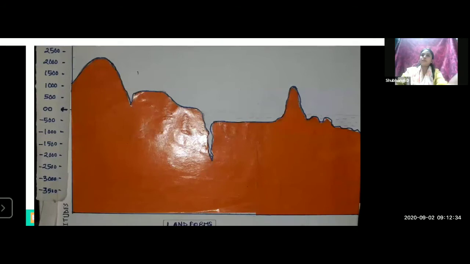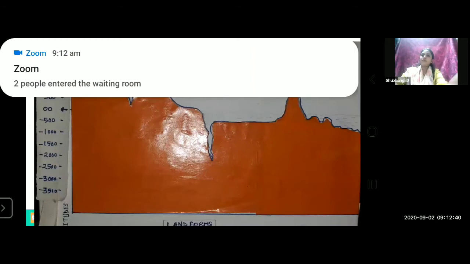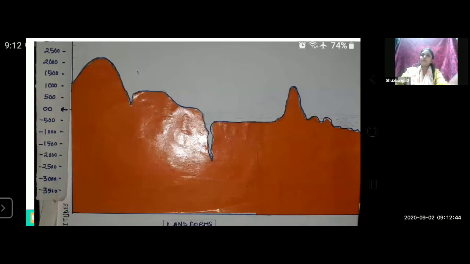Okay, can anyone tell me what the screen is about? Guru, can you tell something about this screen?